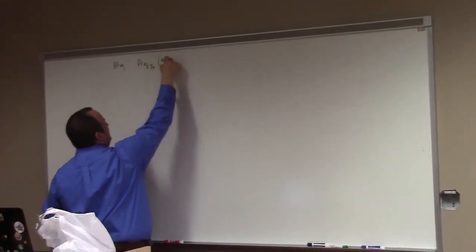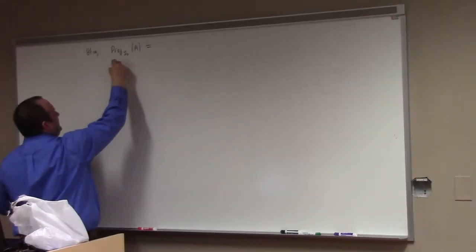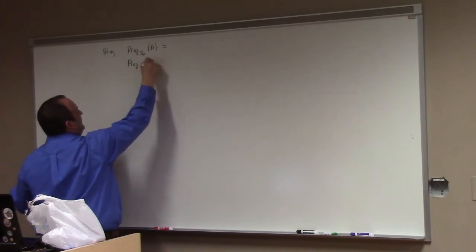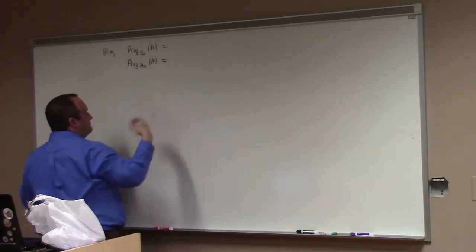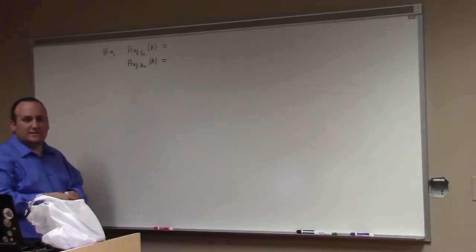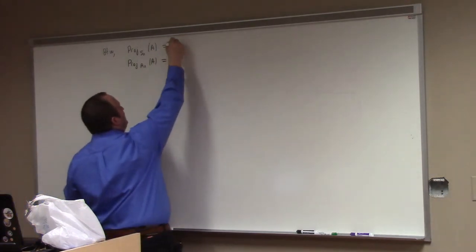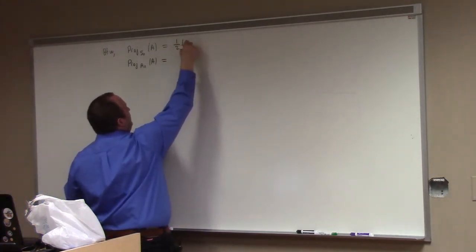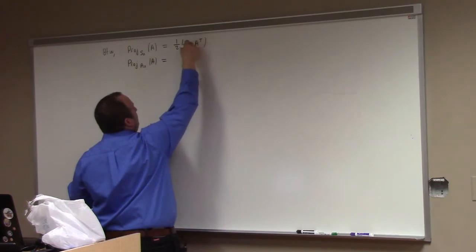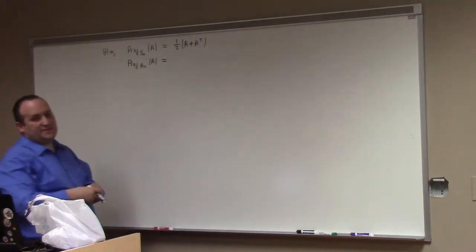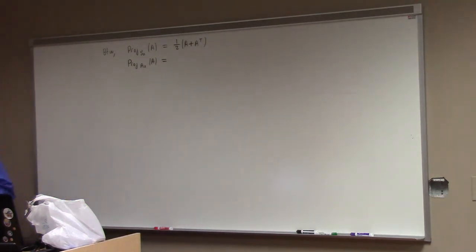What's the formula for the projection onto An of A, where here A is an n by n matrix. It's what? I'll do the first one. It's nothing more than 1/2 of A plus A transpose. That gives me the symmetric part of A. That's the projection onto Sn. There's just a stone-cold formula for it in matrix notation.